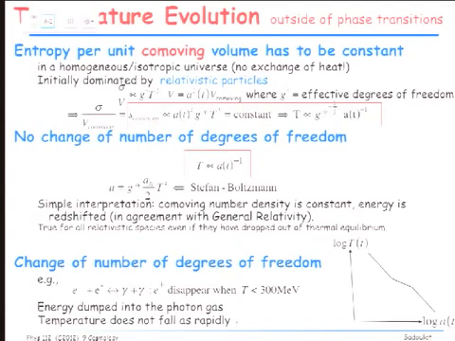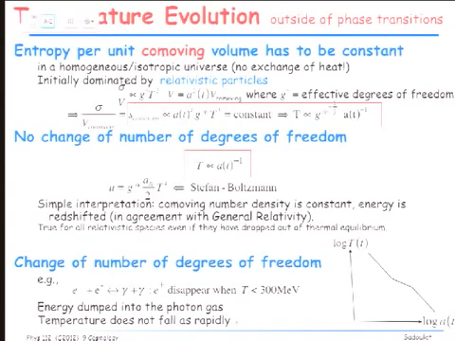The energy density for relativistic particles goes as T to the fourth, and there is a number of degrees of freedom, which is 1 for each polarization for bosons, and 7/8 per polarization for fermions. We did that a few days ago.